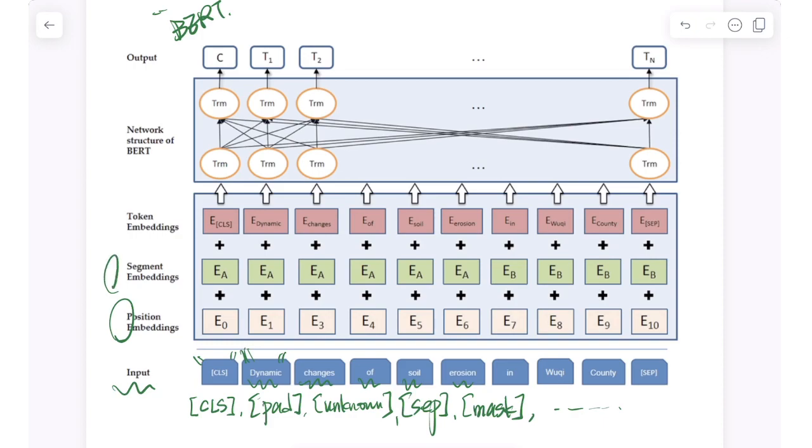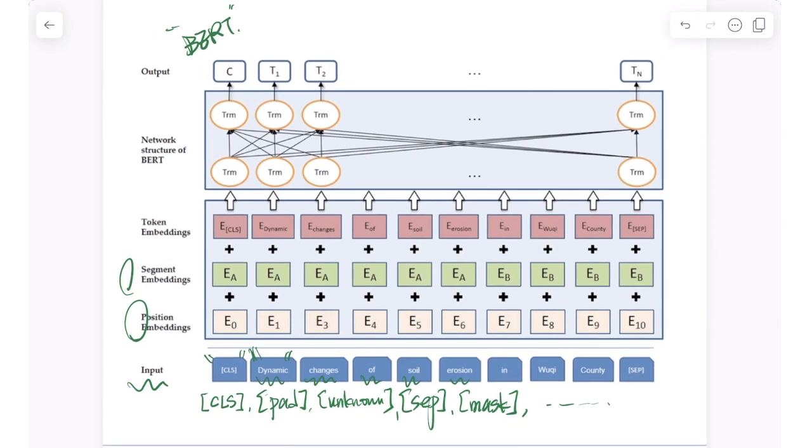So after that we have segment embedding. Okay, as you can see, to analyze English, since we have a limited dictionary size, not all words will be included in the dictionary, right?